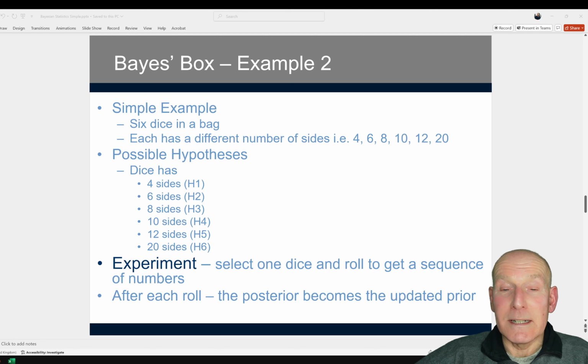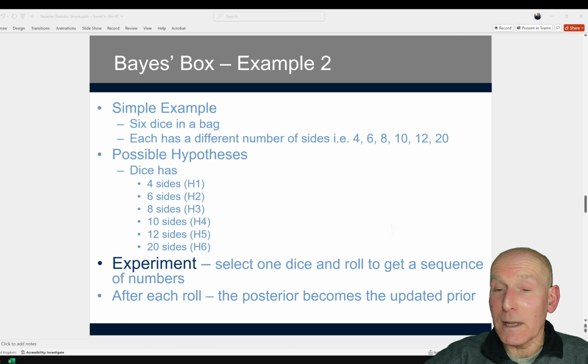In other words, the data is going to be the number that I actually roll on the dice, and using that data I'm hoping that it will identify the probability of which particular dice it is in practice, if the experiment works how I hope it to work.